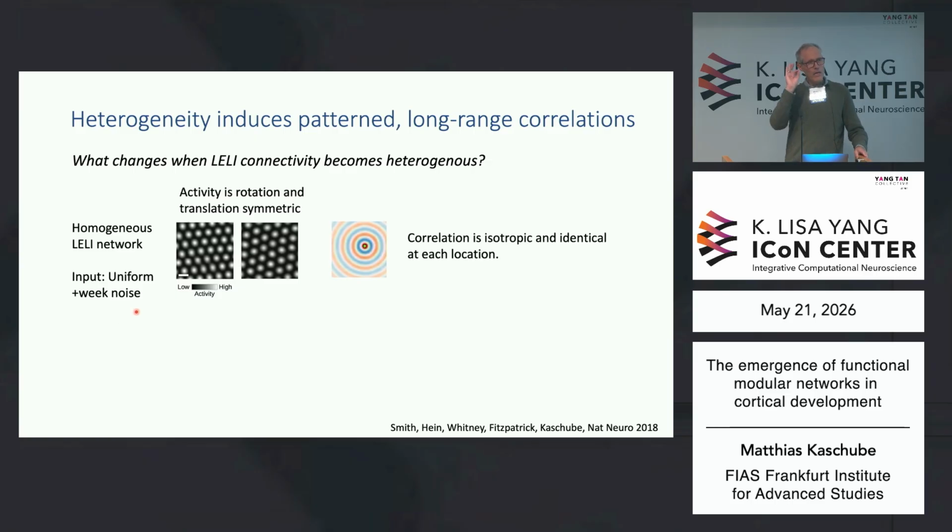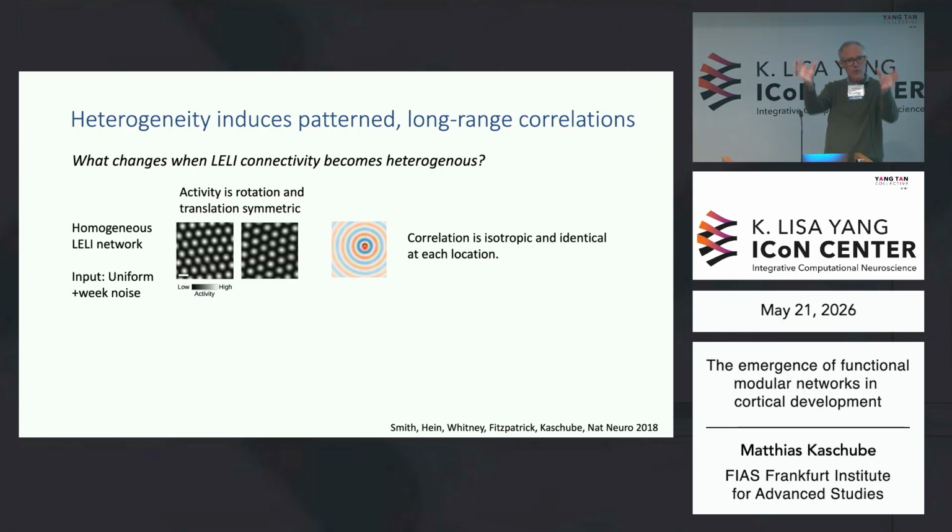And when you look at the correlation structure, when you pick one domain and look at how this domain is correlated with other domains, then actually the correlation structure is isotropic, and the correlation decays as a function of distance with these radial target pattern-like structure, reflecting basically the typical scale of the system.